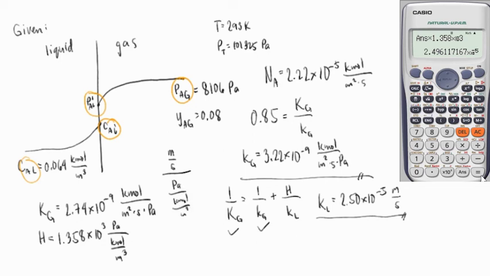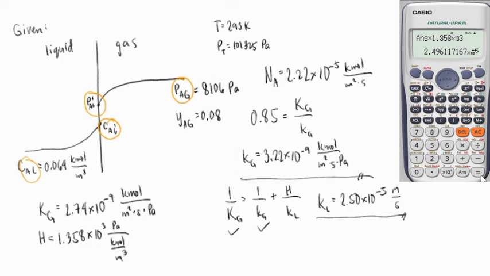And if you simplify this, we should end up with the same collection of units as capital Kg. So what will happen here is meter will cancel with cubic meter, leaving us with square meter. And this would simplify as kilomole per square meter per second per Pascal. This is the same collection of units as capital Kg. Okay, so please do take note of the units of the individual mass transfer coefficients because they are different for the gas side and for the liquid side.